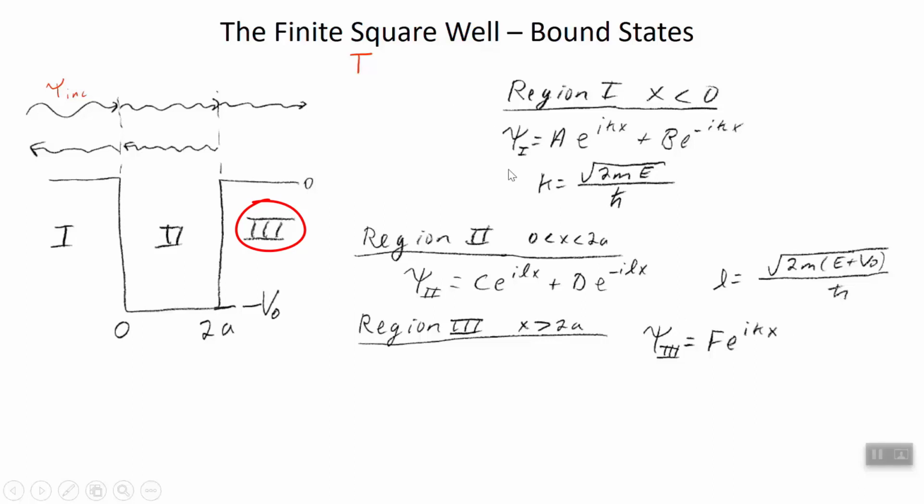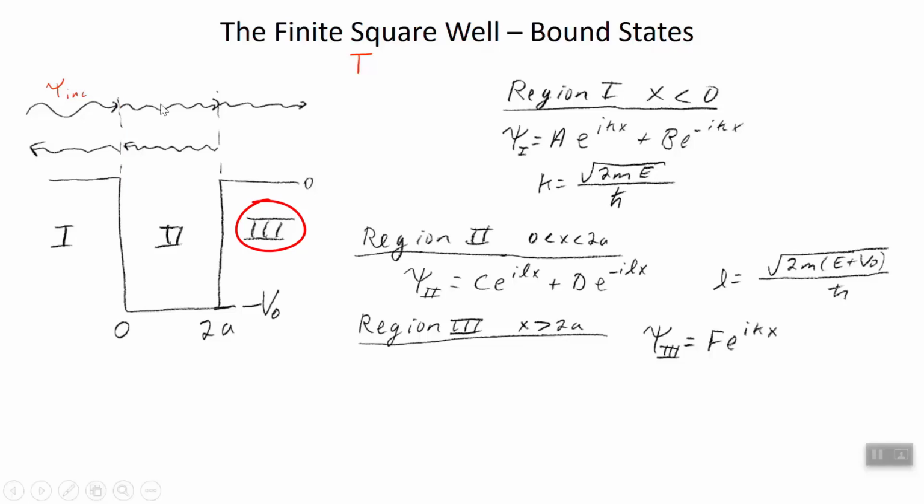But notice in region 1, I wrote the wave function as A e to the ikx plus B e to the minus ikx to indicate the possibility that you have both incident wave and some reflection. When the incident wave arrives at the first potential change, there will be reflection. There always is.